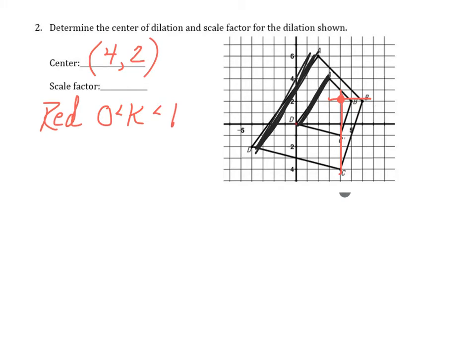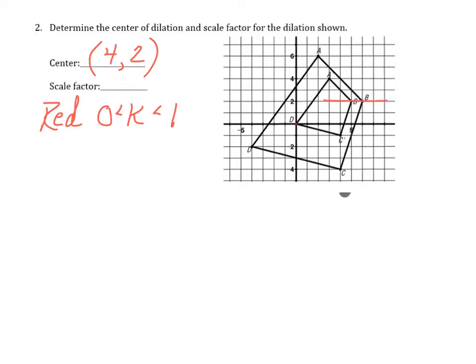Or what you can do is compare how far it is from the center to my image compared to the center to my pre-image. In that case, it might work a little bit easier because those are just vertical or horizontal lines if you're dealing with B and B prime here.